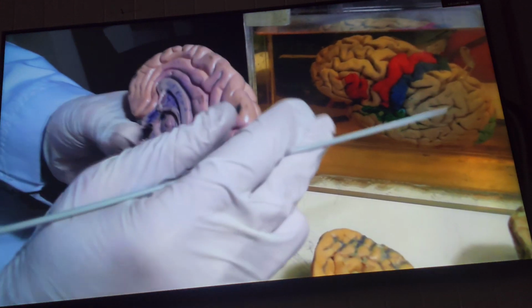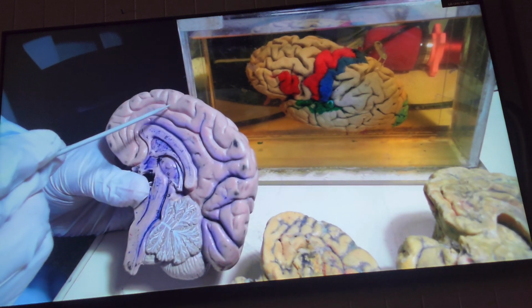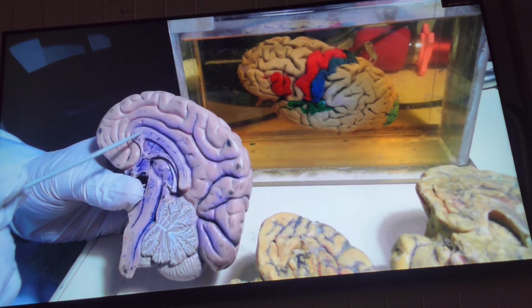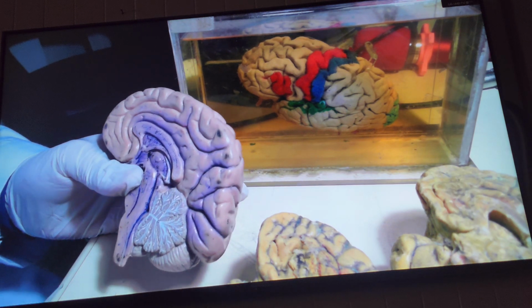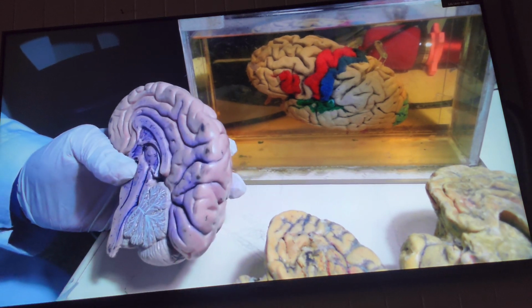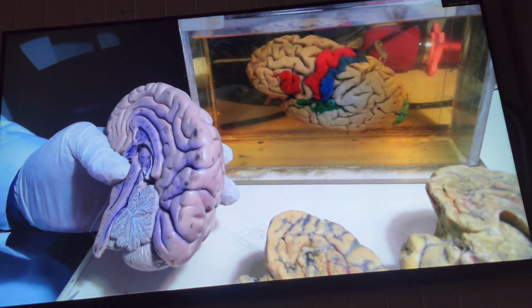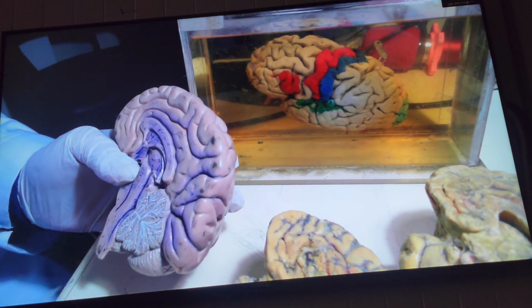On the medial aspect, it contains the medial frontal gyrus and the anterior part of the cingulate gyrus. The function of the prefrontal cortex concerns the individual's personality and behavior, judgment, and foresight.